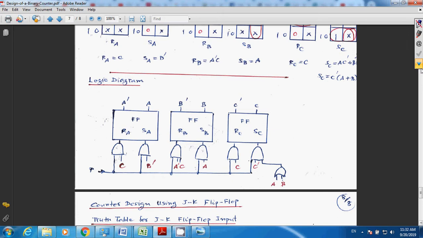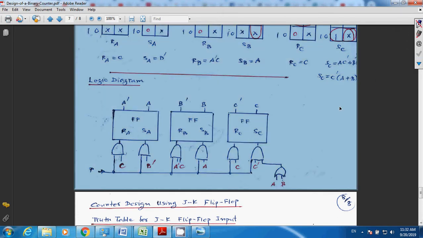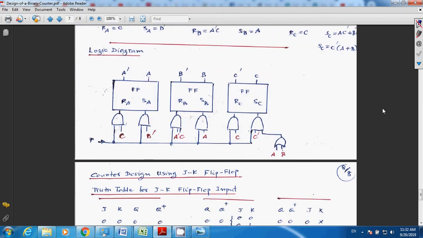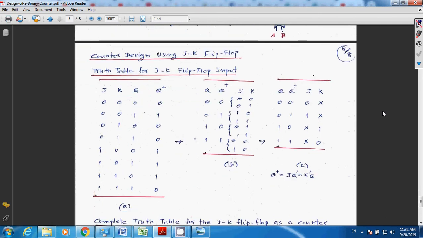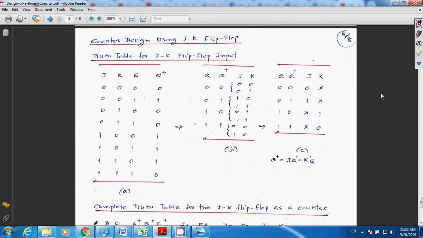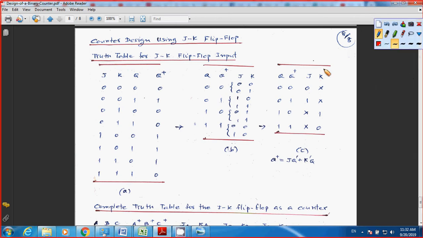Now let's move on. What you need to know is the behavior of the SR flip-flop, or the truth table. That's going to help you a lot. Same as the JK flip-flop, you need to start with the truth table of the JK flip-flop. You have JK and Q. So you have the combinations, and Q plus is going to look like this.